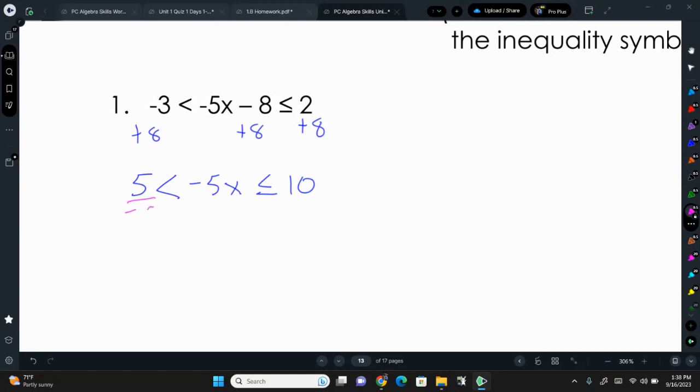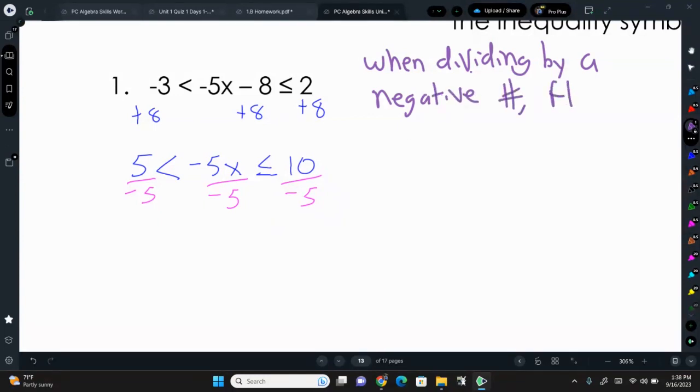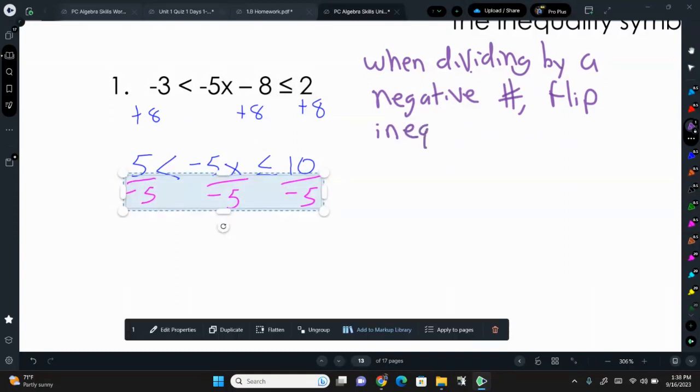Now if you divide everything by negative 5. Okay. When dividing by a negative number, we flip the inequality sign.